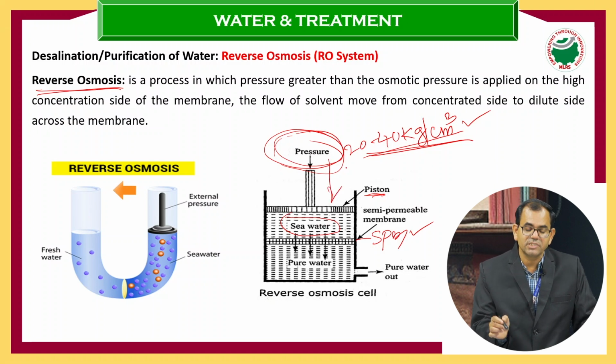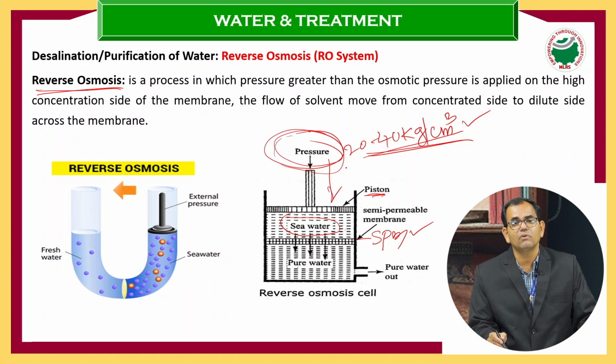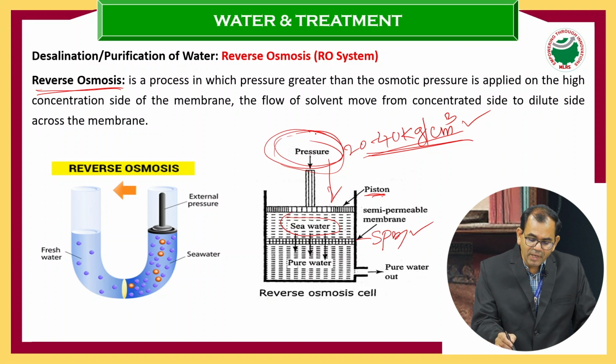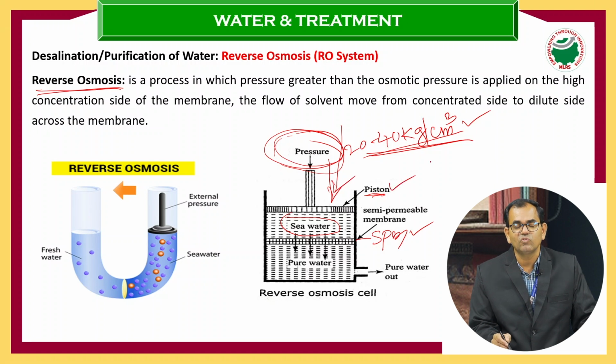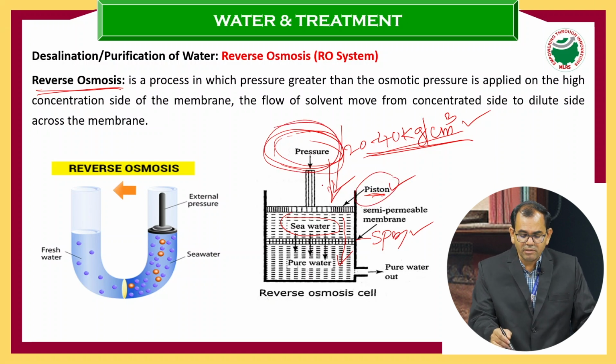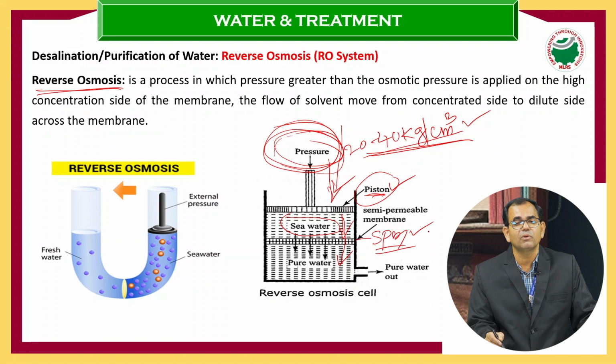We apply some pressure on top of this seawater or concentrated water using the piston. The water flows from high concentration to low concentration. That's why reverse osmosis is not happening naturally or spontaneously. We are externally applying pressure with the help of the piston, and water flows from the seawater side to the pure water side through the SPM, the semi-permeable membrane.